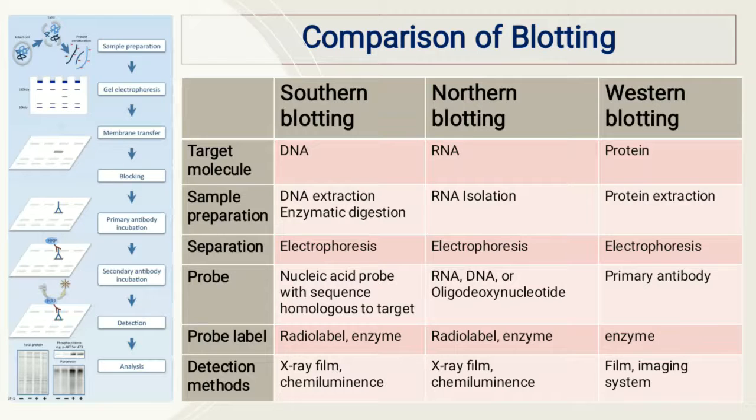In Northern blotting it can be radio labeled, or it can also be an enzyme, and in Western blotting our probe label is mainly an enzyme. Next is detection methods. We will use X-ray film or chemiluminescence in Southern blotting. Similarly, in Northern blotting, we use X-ray film or chemiluminescence, whereas in Western blotting, we use film or an imaging system to detect our target protein.